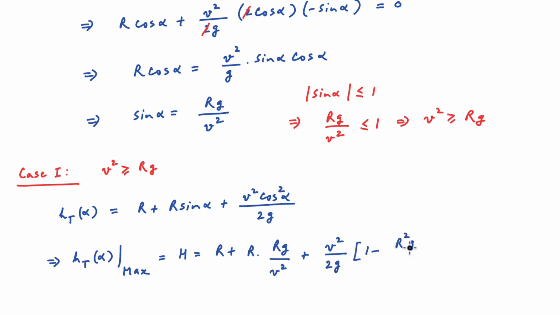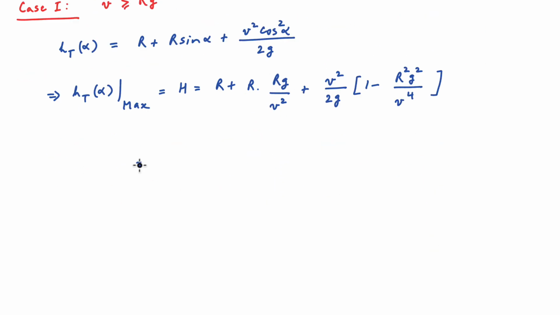Substituting the value of sine square alpha is equal to r square g square upon v raised to the power 4. This is equal to r plus r square g upon v square plus v square upon 2g minus r square g divided by 2v square.